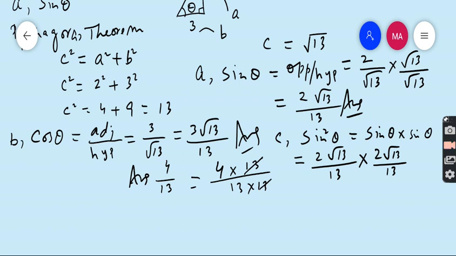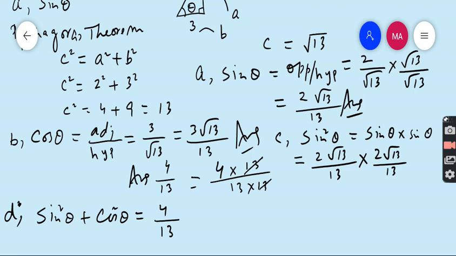Part D is sine square theta plus cos square theta. You know, from trigonometry, sine square theta plus cos square theta is always 1, but you have to show the answer. Sine square theta you just found in part C, 4 upon 13.